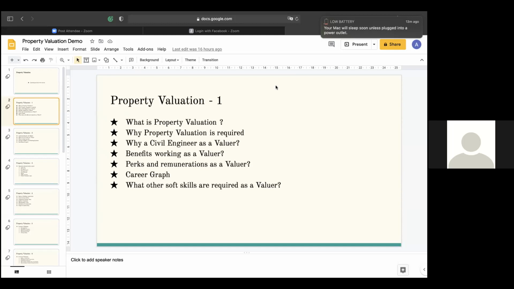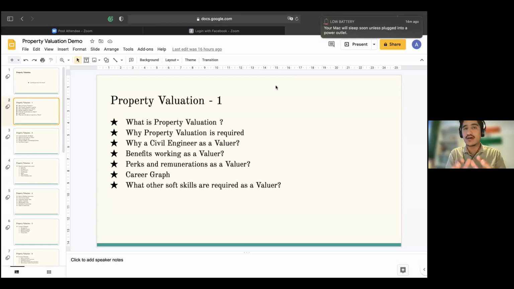Sir, one more question. Please. You mentioned that for being a valuer you need to be a civil engineer, right? But I noticed some architects also work as valuers. Yeah, they can also work. Architecture and civil engineering degrees are enough.